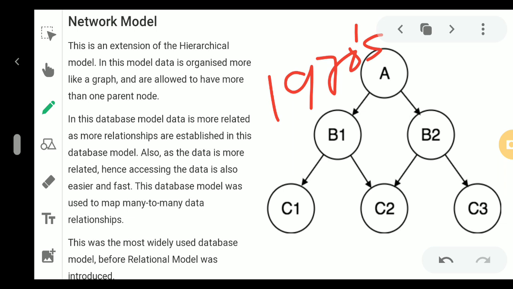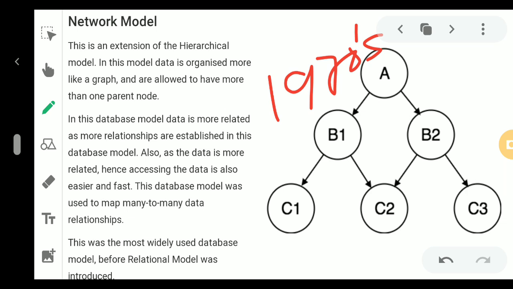However, unlike the hierarchical model, it allows a record to be the child of more than one parent record. The relationship between different records is represented by links with pointed arrows. As you can see, there is an example here.